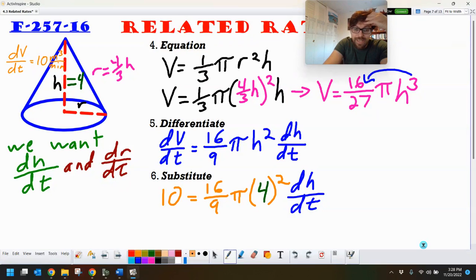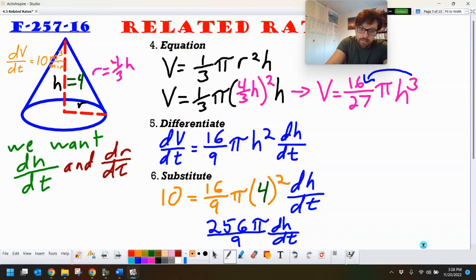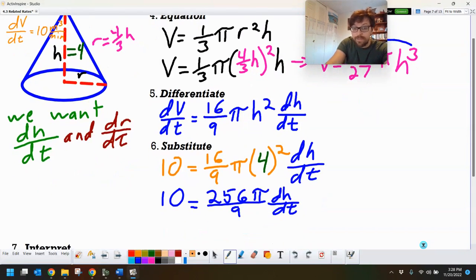So I get this set up. So I've got 16 times 16 is 256 pi over 9 dh dt equals 10. So then I can just divide both sides by 256 pi ninths.